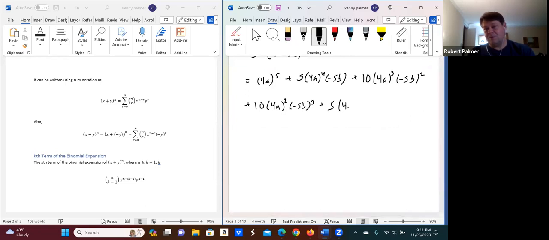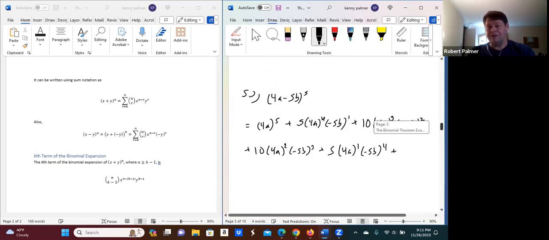Then it's going to be 4a to the 4th, or sorry, the 1st. Also the 1st, include the 1 there if you want. And then it's going to be negative 5b to the 4th. All right, we're almost there.